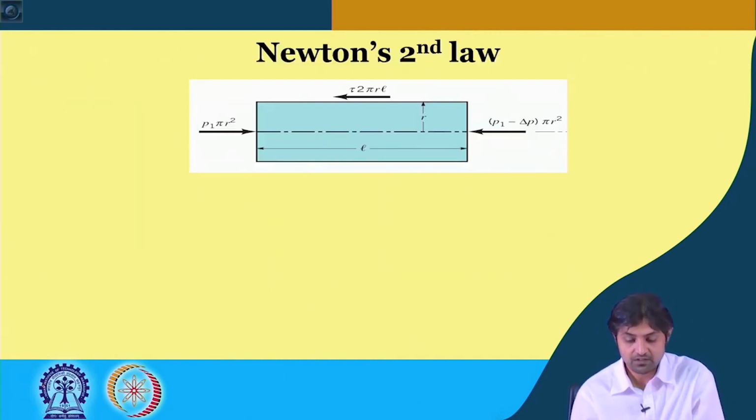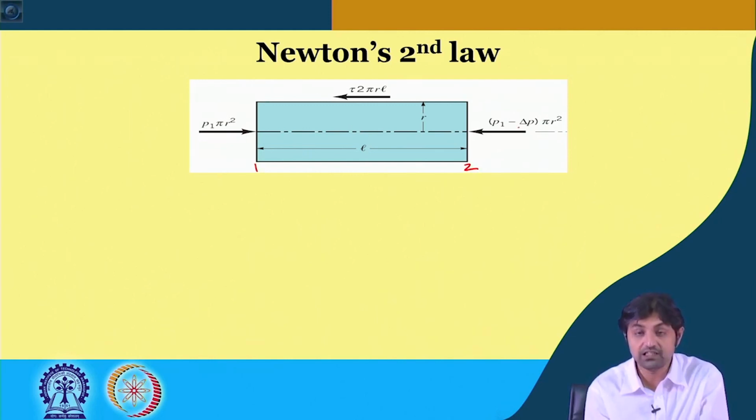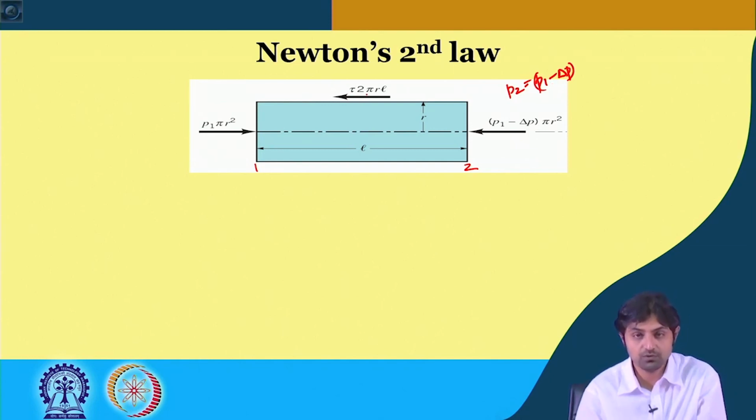All right. So this is the figure for that element that we have drawn. If there is a pressure P1 on the left side at section 1 and this is section 2, and if we assume that delta P is the pressure drop, then P2 is going to be P1 minus delta P. And because of the viscous forces, there is a shear stress acting called tau.